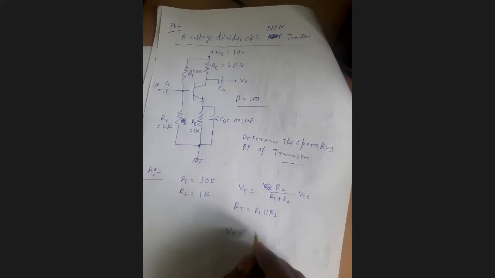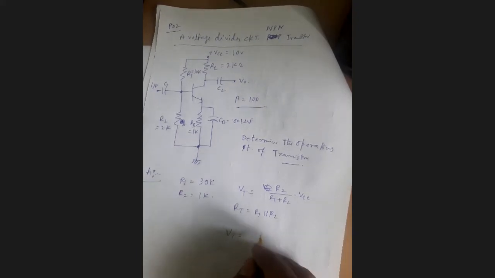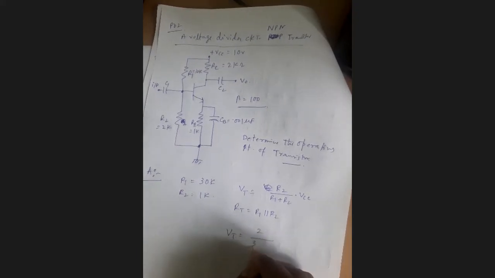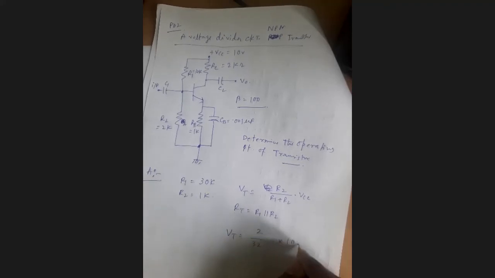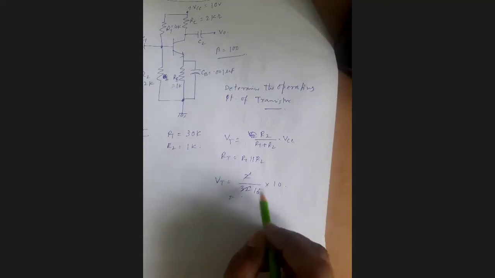VT equals R2 by R1 plus R2 into VCC, that is 2 divided by 32 into 10, that is 1 by 16. How much is that? 6 point something. Sir, in kilo it will also be 10 to the power 3. Yes, 10 to the power 3 kilo is cancelled out in the numerator and denominator. 6.6.